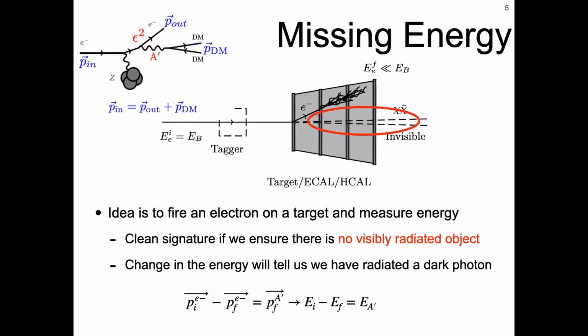You have an electron and nothing. It turns out the standard model doesn't have very many processes where you can get an electron and nothing. I think there's one, and I'll show you the diagram in a few slides. You measure the electron energy here and here, and the change in the electron energy is going to be the energy of your dark photon.